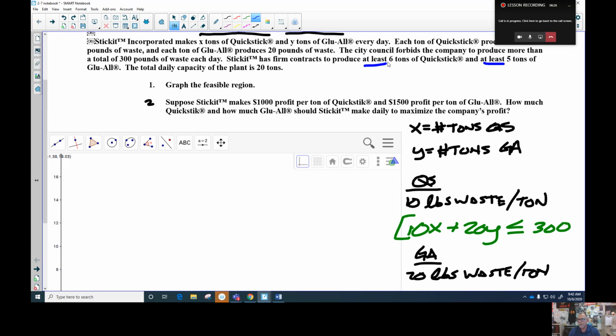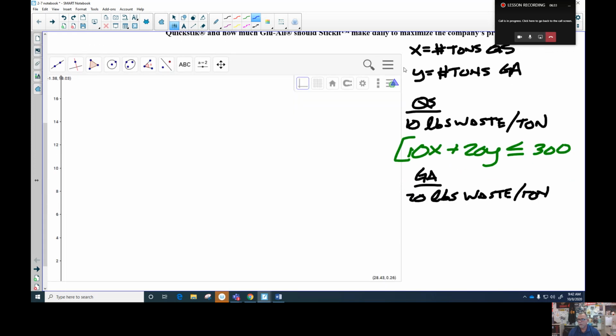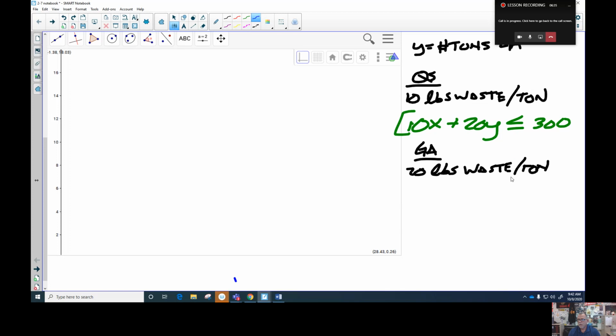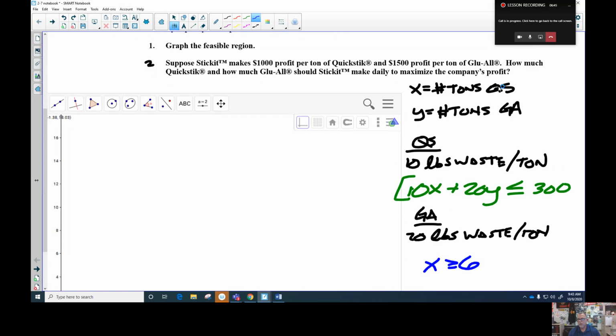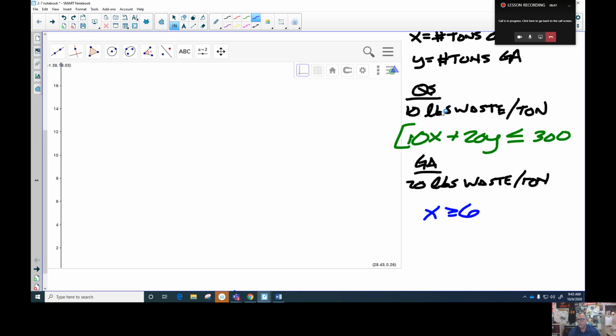That means X has to be at least 6. So how do we say that mathematically? We say X has to be greater than or equal to 6. And when they say they need at least 5 tons of Glue All, and Y is our number of tons of Glue All, then we would say Y has to be greater than or equal to 5.